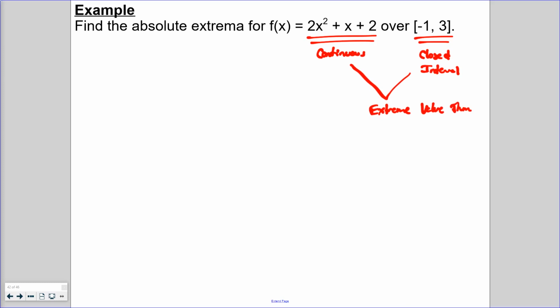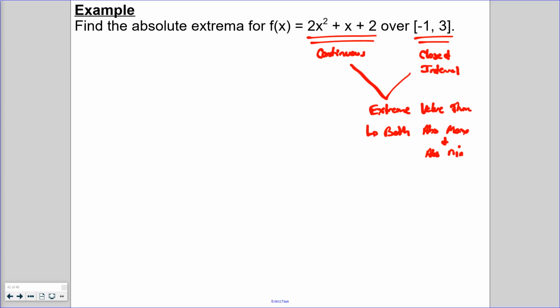The extreme value theorem guarantees us to have both an absolute max and an absolute minimum. So we know what we're looking for here. We have to find an absolute max and an absolute min.